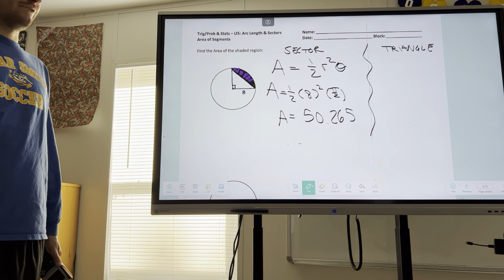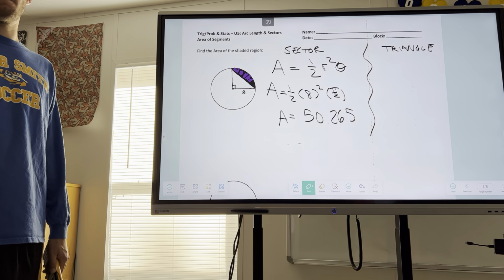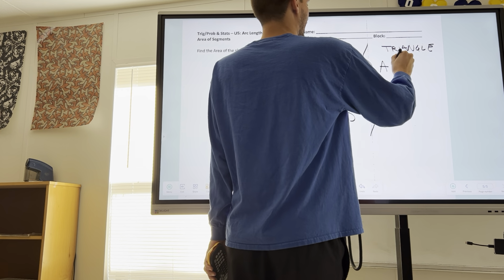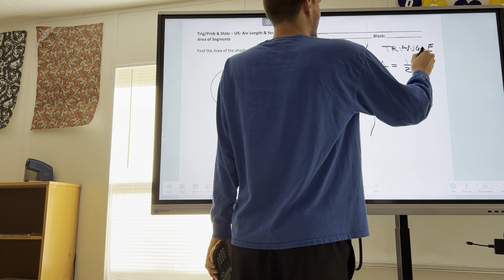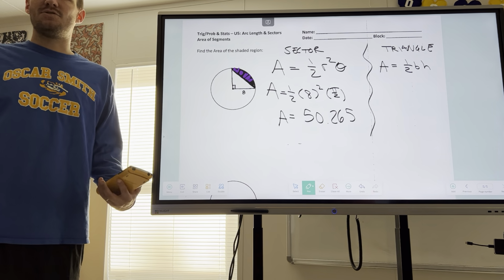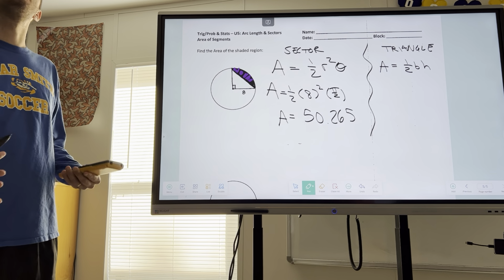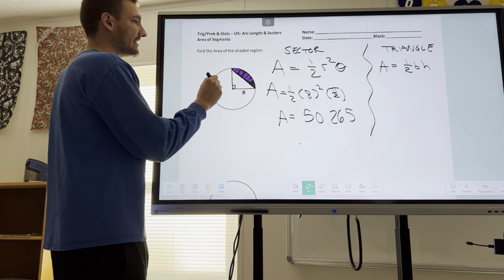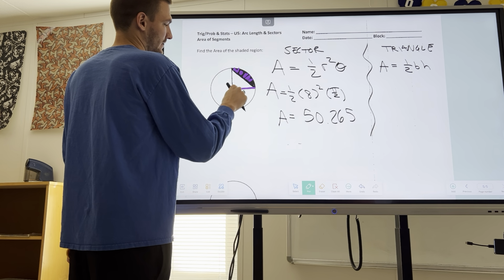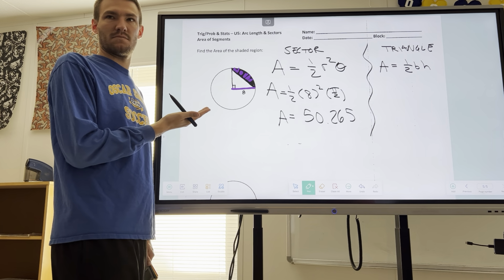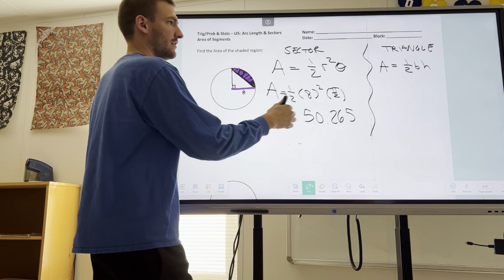Does anybody know the formula for the area of a triangle? Area equals 1/2 base times height. Now that might sound super complicated, but for our equation here, the base is the radius, because that's the base.